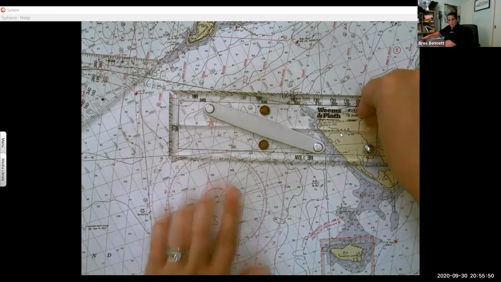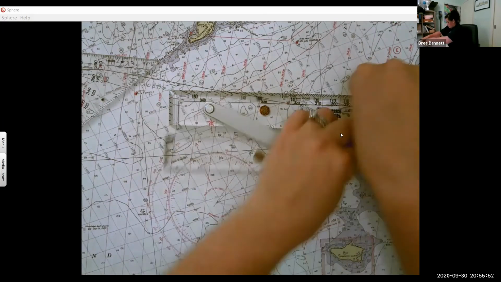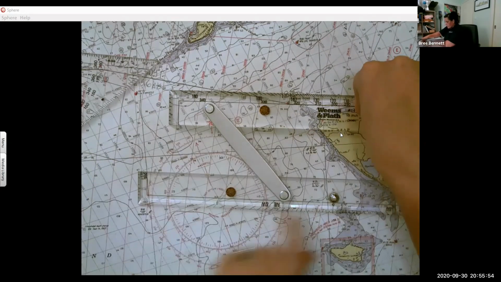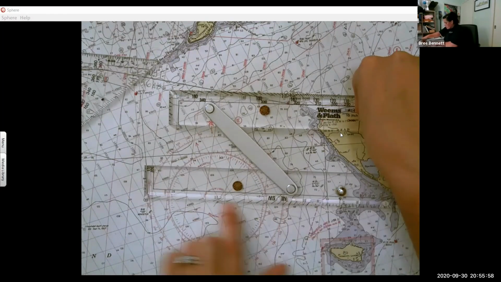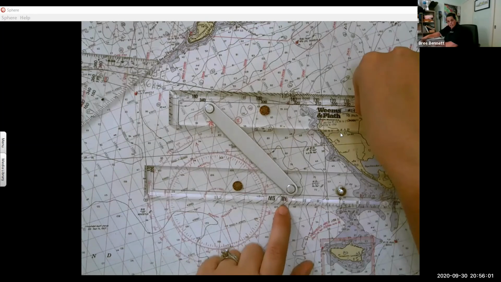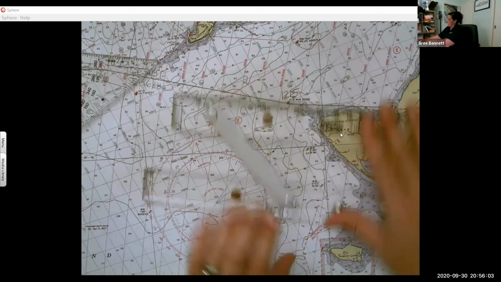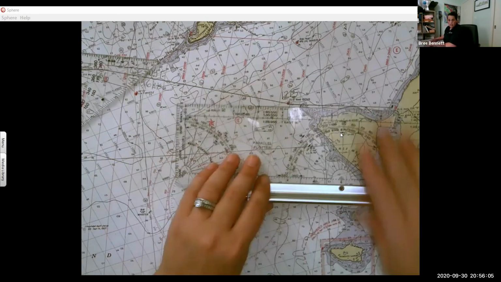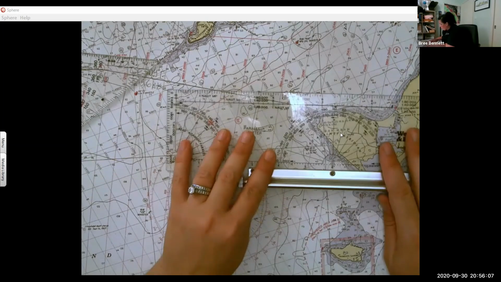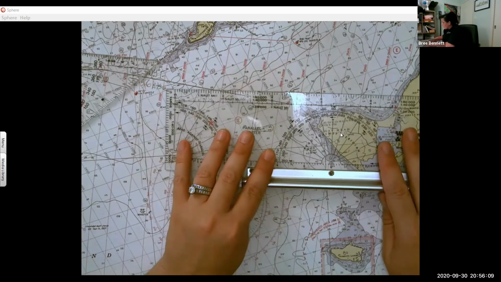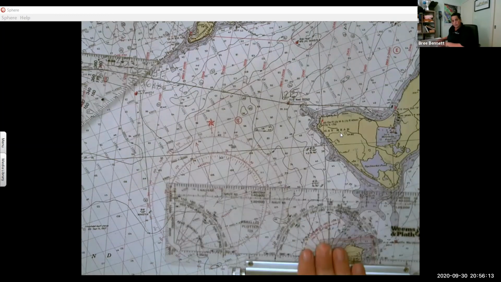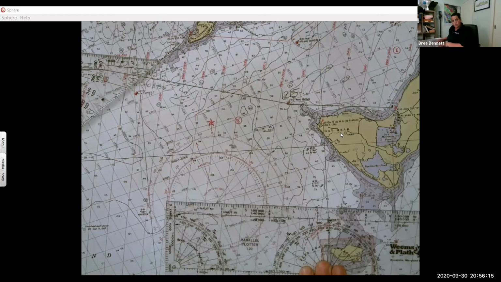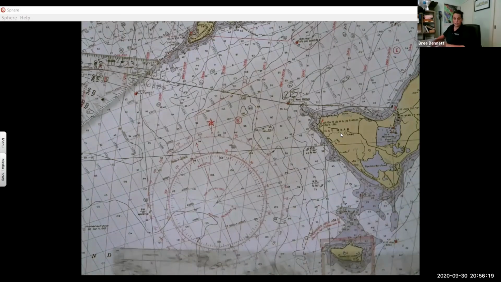Bring it down to the same compass rose. Always go from the center of the compass rose. And we get 096. And our roll plotter, excuse me, line up the line, and bring it down to our compass rose. All right. So we got our true course of 096.